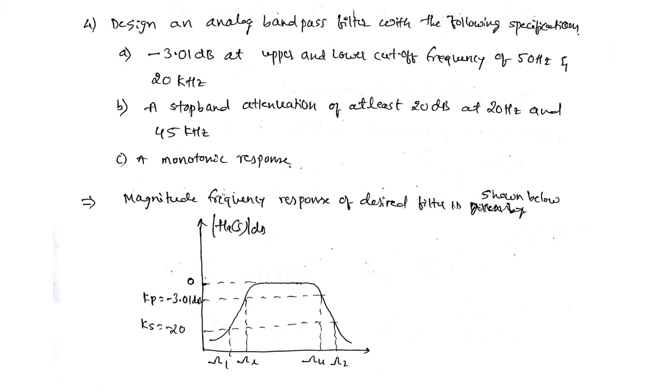A monotonic response. See here, the magnitude frequency response of the band pass filter is shown with the given values. Kp value is given as minus 3.01 dB, Ks value is minus 20, this is omega 1, this is omega L, this is omega U, this is omega 2.